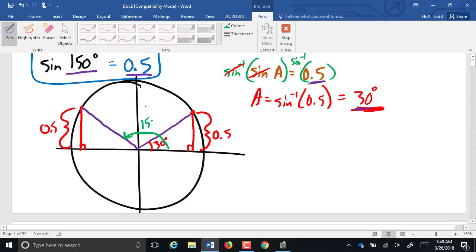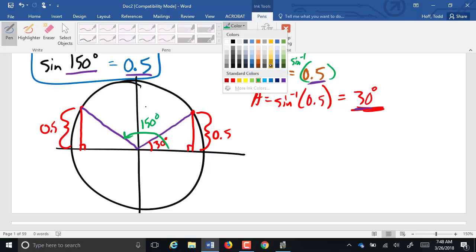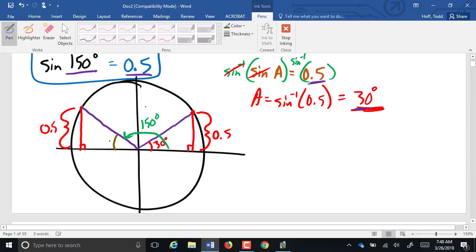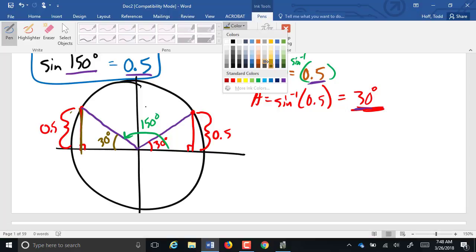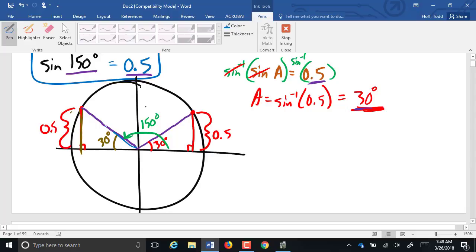Where do we get 150 from? Yeah, this right here has to be 30 degrees. If that's going to be 0.5 here, we have to draw it such that this triangle and this triangle are the same triangle, just mirror images of each other. So if this is 30, this had to be 30, which makes this, as Dave said, 150.